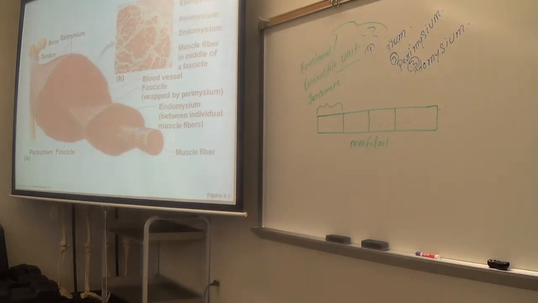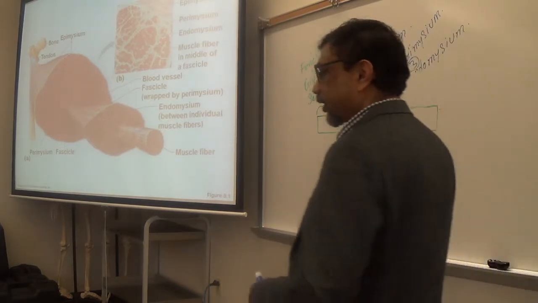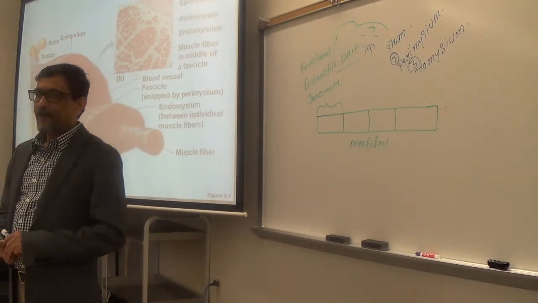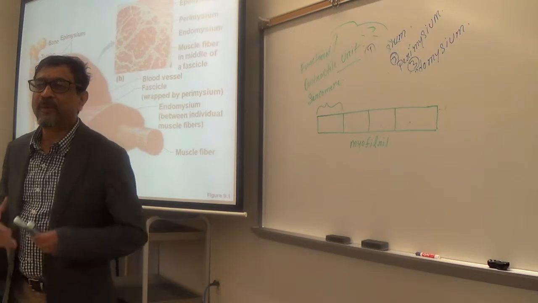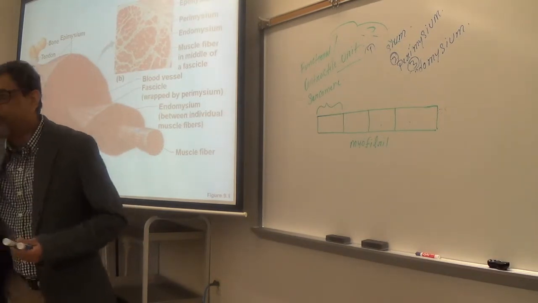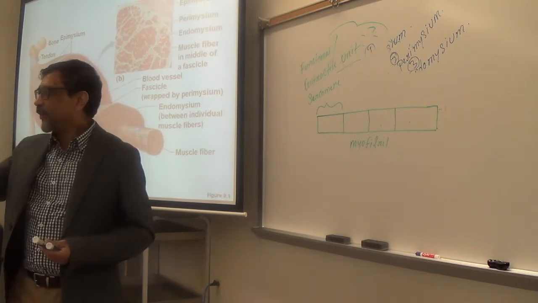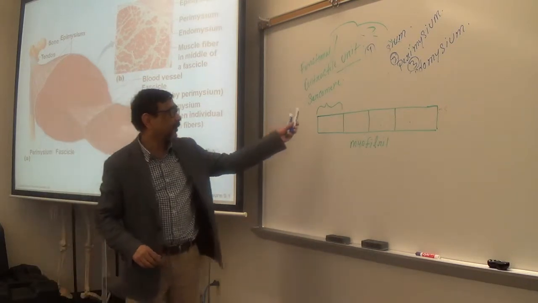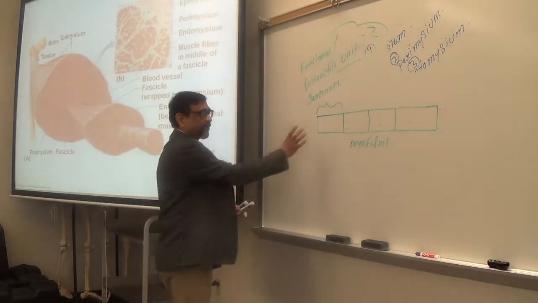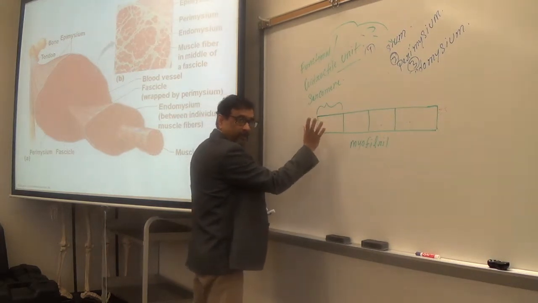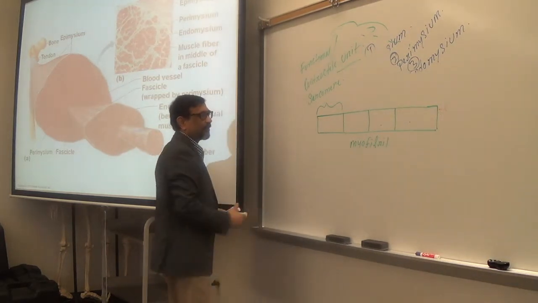Unit means this is the smallest structure from where the contraction starts or begins. What is the unit of the living body? Cell, you know that. That's the smallest. So the unit of contraction is a sarcomere, the smallest structure inside the muscle where the contraction begins.